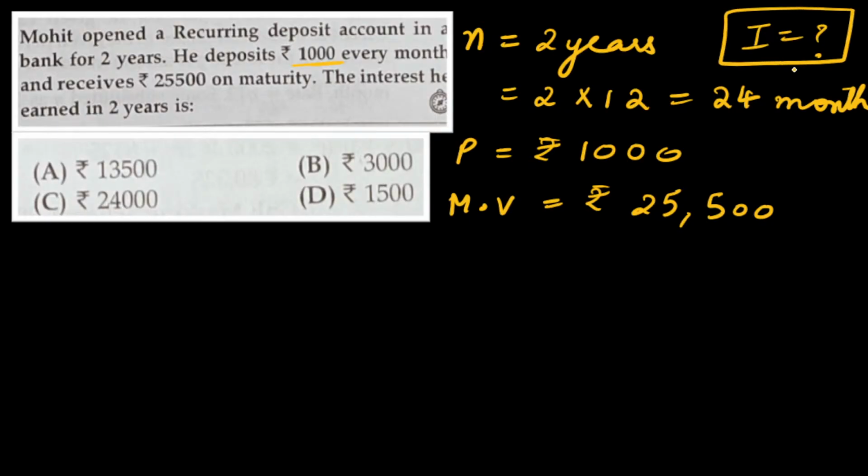So again maturity value is given to us, so we'll make use of the formula of maturity value only. So what's the formula of maturity value? I want you to comment. Because in this question also, maturity value is given and we have to find interest, so we have to make use of the formula of maturity value.